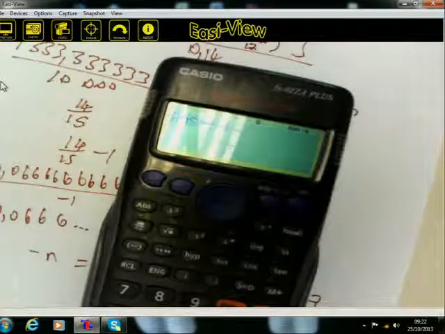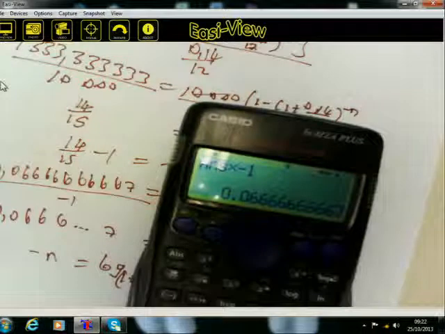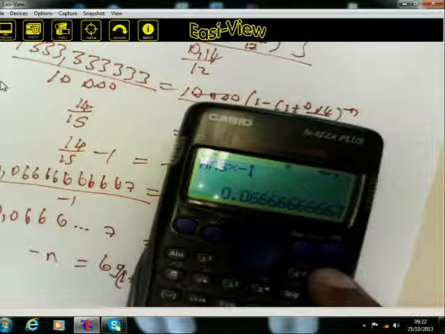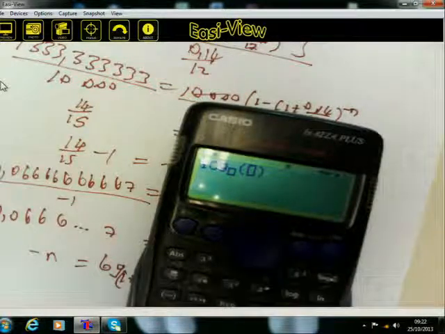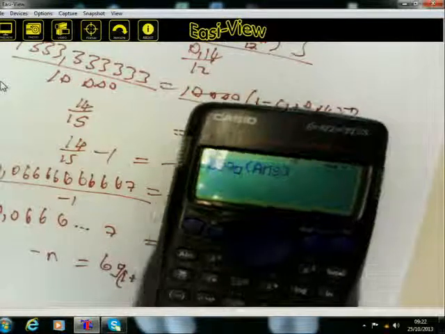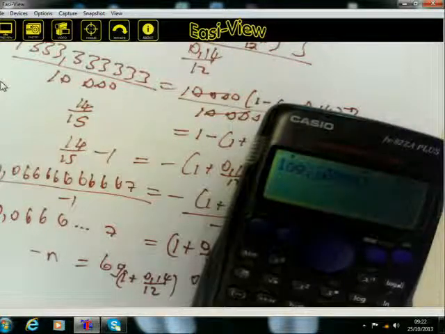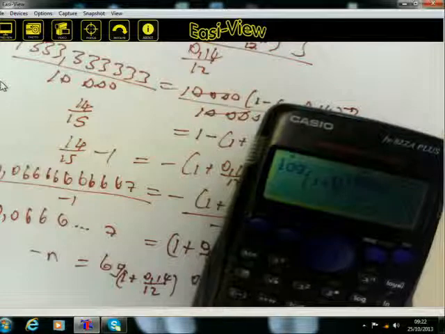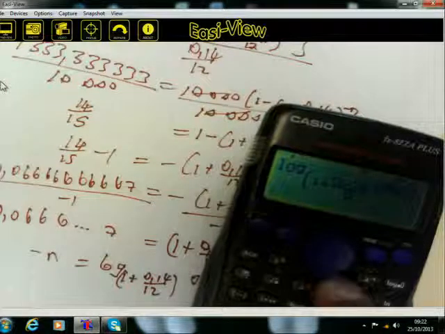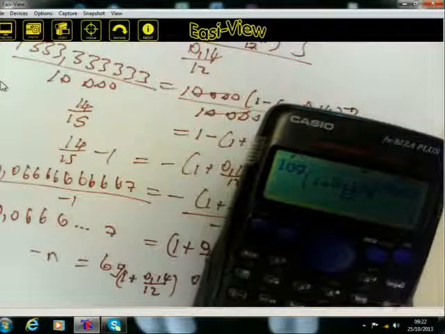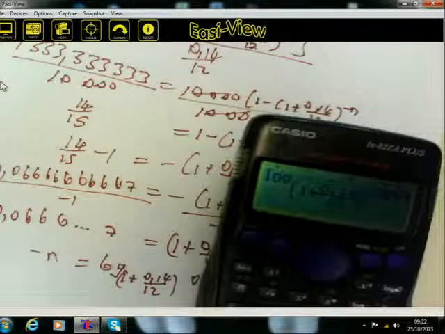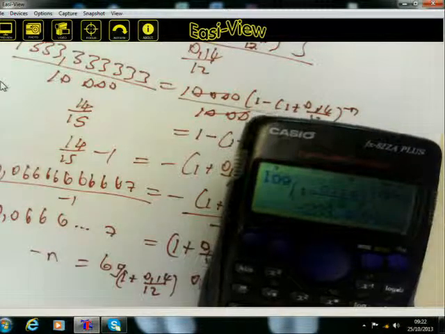Let's see what we have here. On the calculator, the log of the answer, with our base being 1 plus 0.14 over 12. Now let me see what the answer will be.